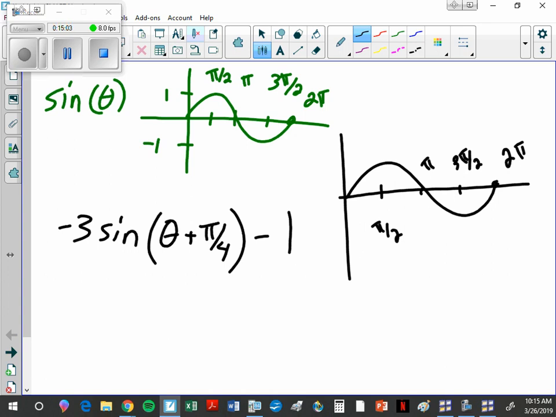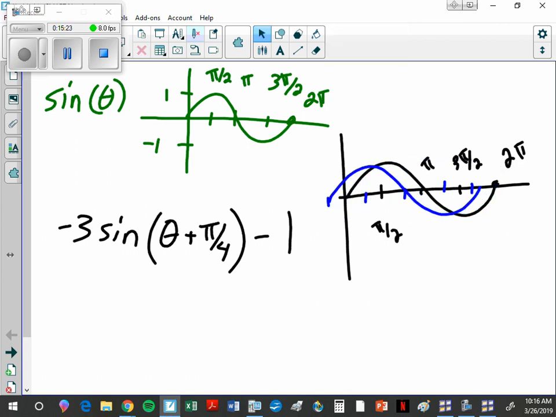And I'm going to bump everything to the left 1/4. So I'm going to put the 1/4 marks in here. And I'm going to take this graph and I'm going to pull it left 1/4. So I'm going to pull it left to there.